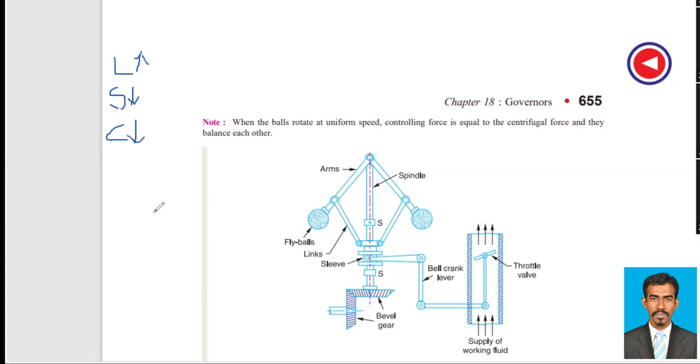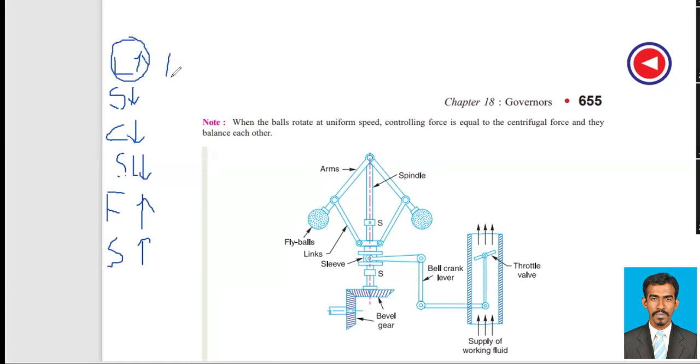Therefore, the sleeve will also move down. When the sleeve moves down, the bell crank lever is activated and the fuel supply is increased. When the fuel supply is increased, the speed increases again. This is the condition if the load is increased.